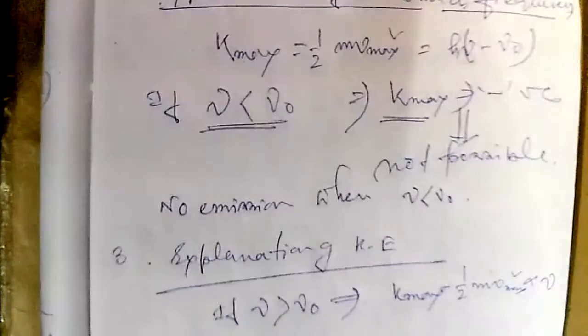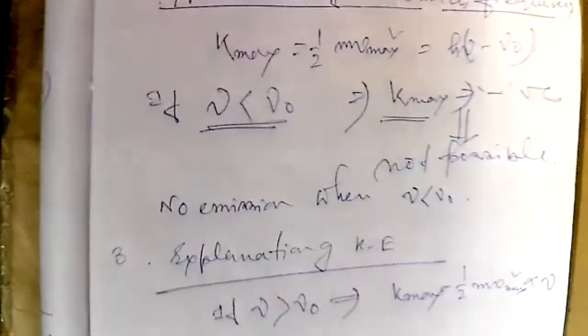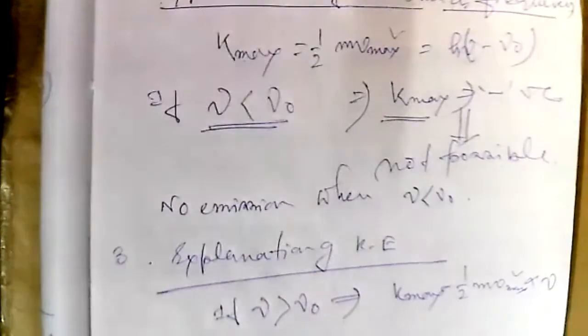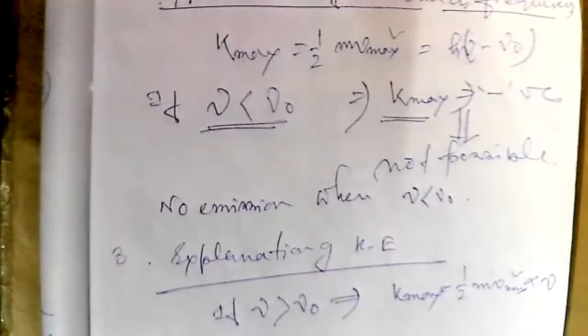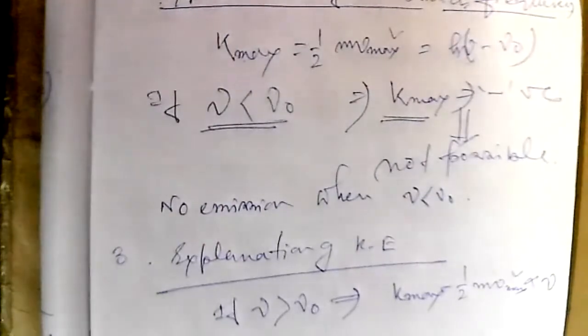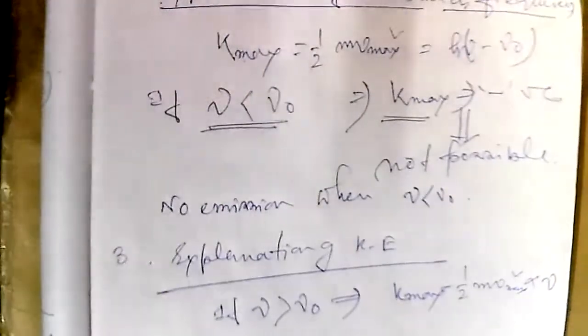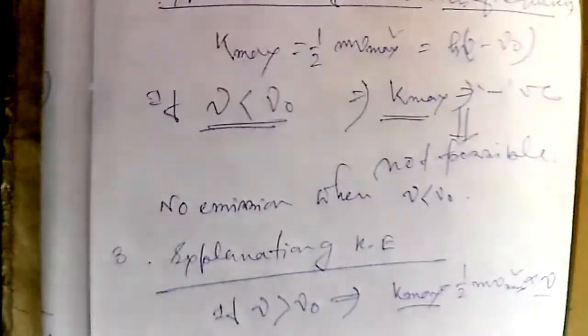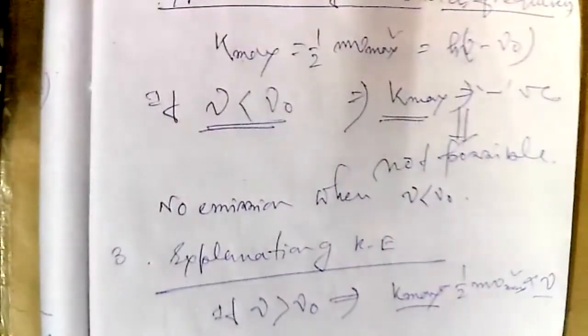That is, above the threshold frequency, the maximum kinetic energy of the electron increases linearly with the frequency nu of the incident radiation. So it has been found that above threshold frequency, kinetic energy increases linearly.